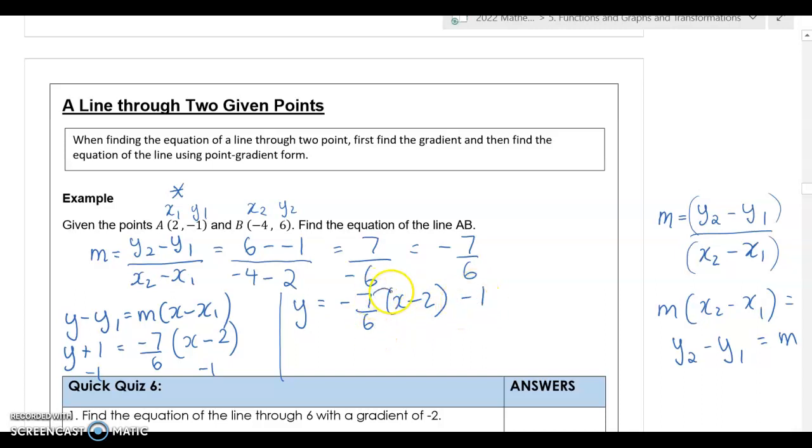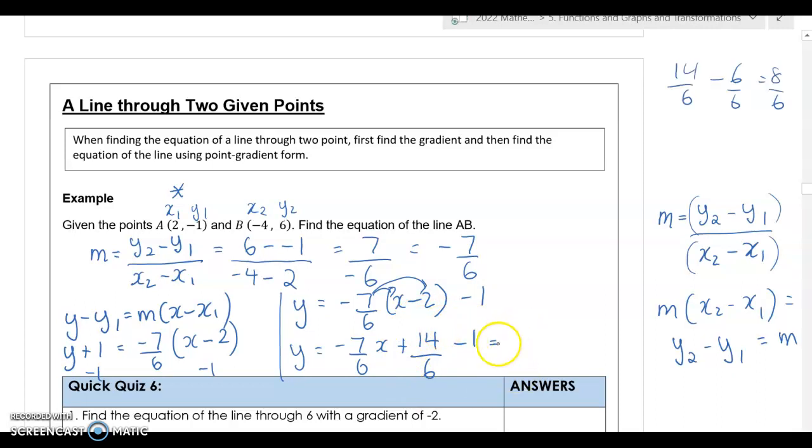I need to open up my brackets here and see what we end up with. Y is equal to minus 7 over 6 x plus, because I'm multiplying a minus and a minus together, plus 14 over 6 minus 1.